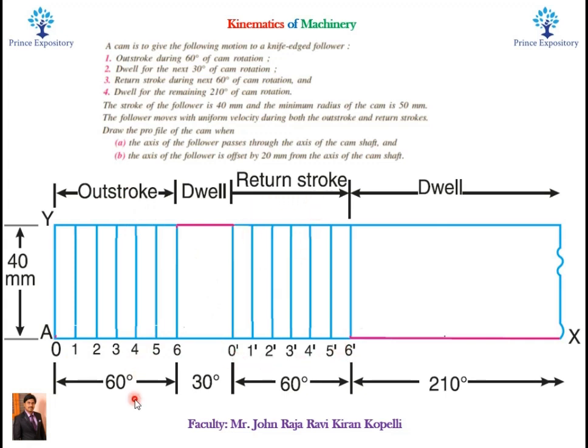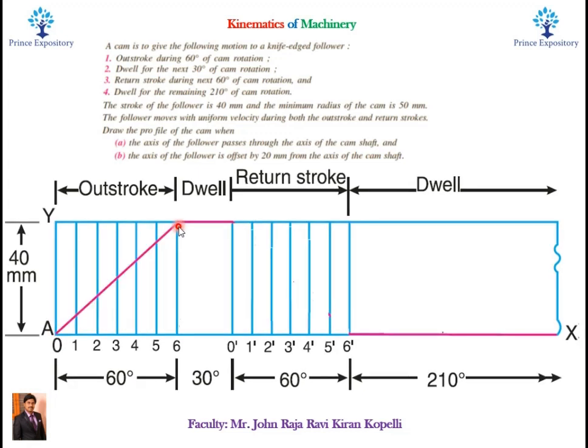Now join this A, or 0, to the beginning of the dwell. This represents uniform velocity. That means on rotation of the cam, the follower advances upwards and reaches the maximum height.